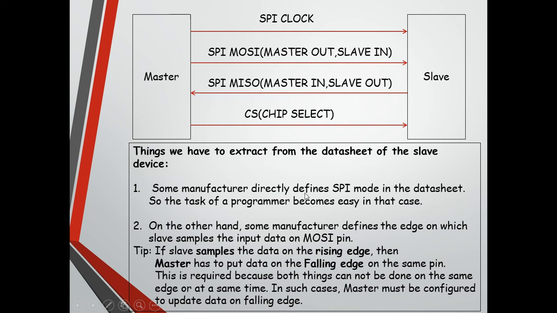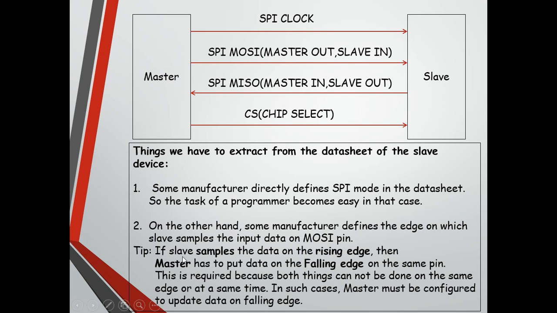Suppose, for example, a slave device samples the data on the rising edge. For now, assume that this slave device samples the data on the rising edge of the clock. Now my question is whether the master has to put the data on the rising edge or on the falling edge. The correct answer is that the master has to put the data on the opposite edge from the one on which the slave is sampling the data.